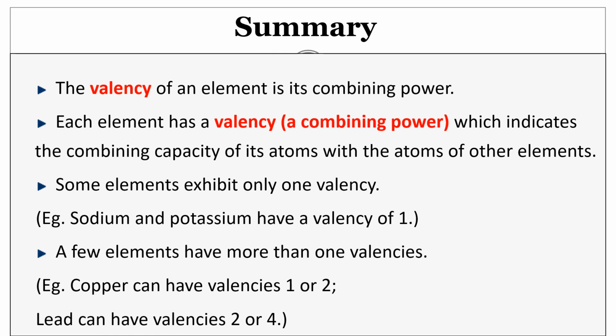Some elements exhibit only one valency. For example, sodium and potassium have a valency of 1. A few elements have more than one valencies. For example, copper can have valencies 1 or 2. Lead can have valencies 2 or 4.